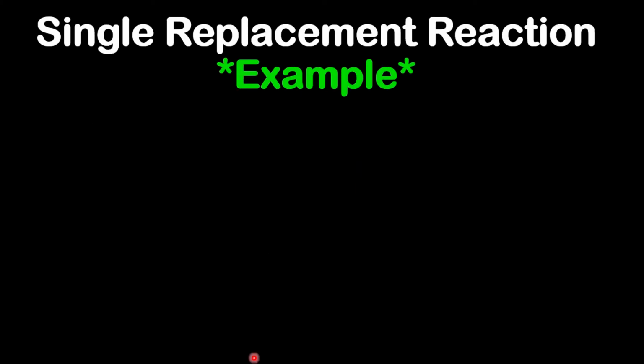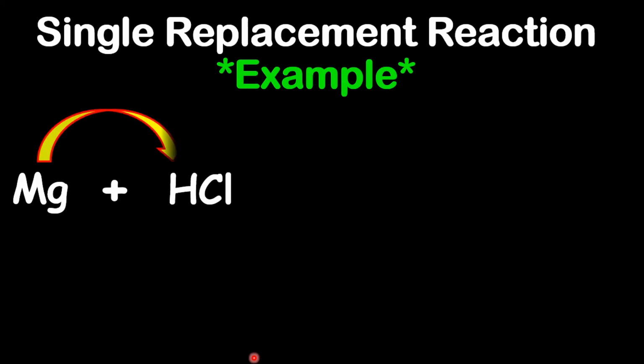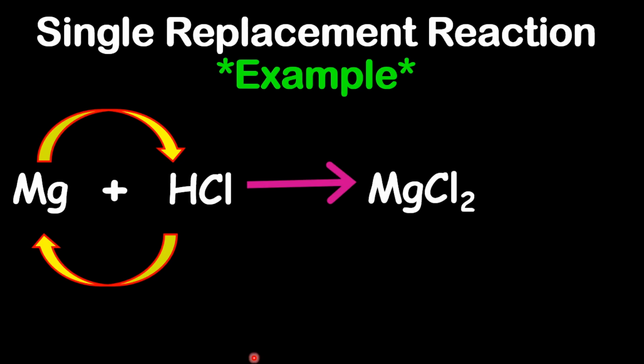An example for a single replacement reaction is magnesium reacts with hydrochloric acid. Notice the magnesium must be more reactive than the hydrogen for this reaction to take place. And so the products will be magnesium chloride and hydrogen gas.